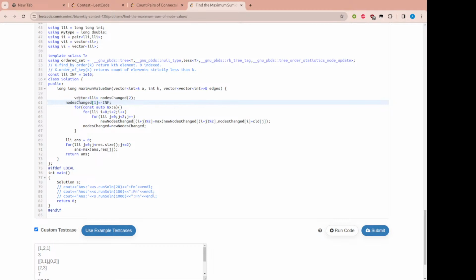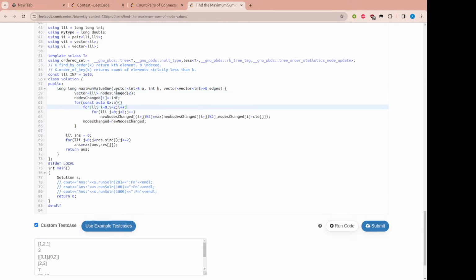Initially, I marked node change as infinity because if nothing is done, you cannot have an odd number of changes. And now I iterate on all the elements of the given array.